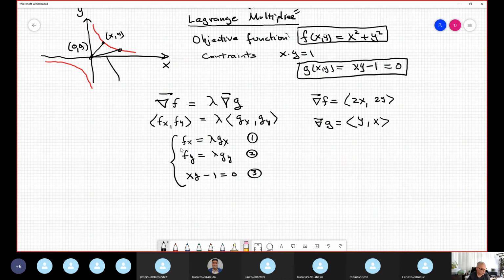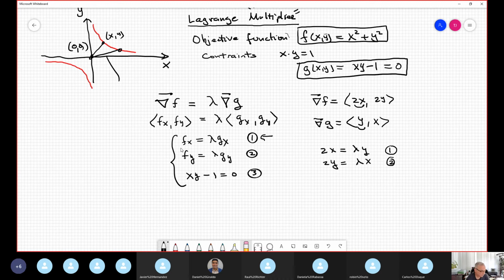Okay, you put each other together. So my system of equations is 2x is equal to lambda y, this component equal to this component, equation number 1. Similar to this, 2y equal to lambda x, sorry, lambda x, equation 2.